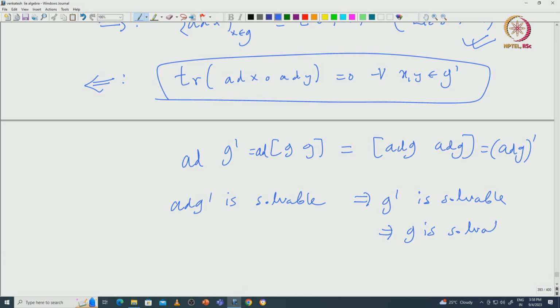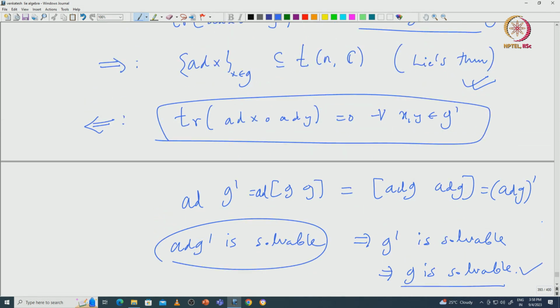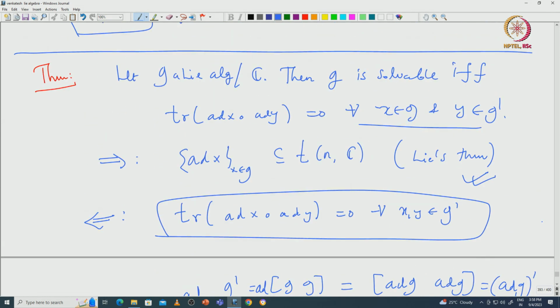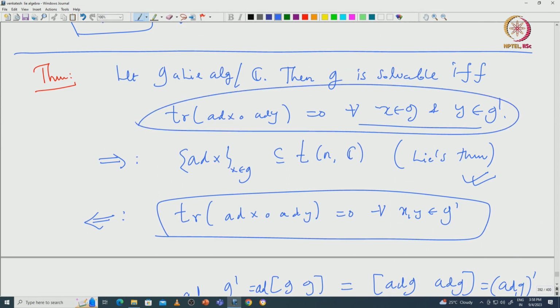Since solvability behaves very well with respect to the quotient, under the adjoint representation, ad G dash being solvable implies G is solvable. So that proves that G is solvable if and only if the trace of ad x composition ad y is 0 for all x in G and y in G dash.